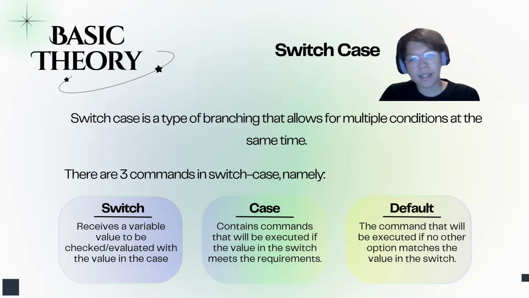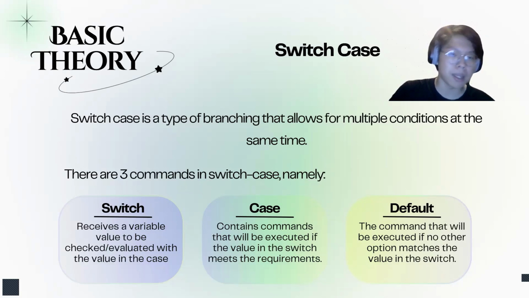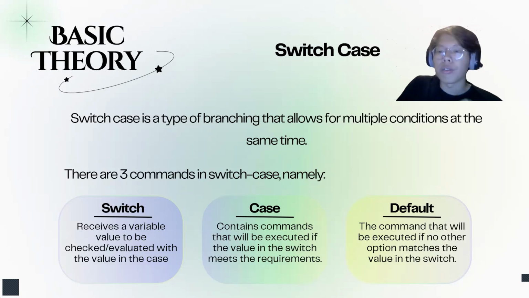The case section contains the commands that will execute if the value of the switch meets the requirements. If none of the cases are met, it immediately goes to the default, which is the command executed if no other option matches the value in the switch. That's the basic theory of the switch case.